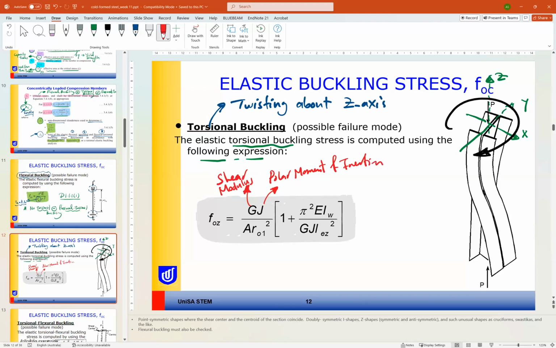From the tables. A is the gross sectional area. RO1 is what? The polar radius of gyration about the shear center. E, Young's modulus.